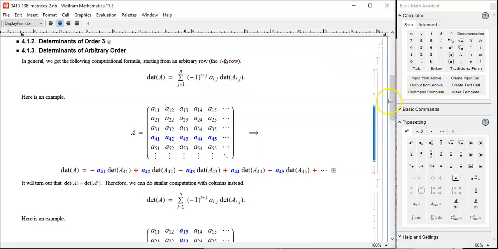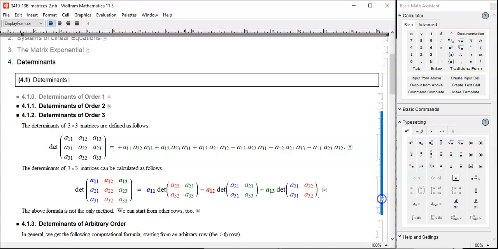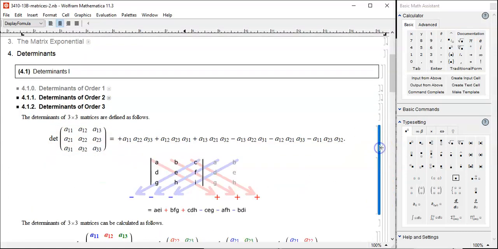Go to lesson 13b. Yes, this formula, which is coming from this crisscross. Positive direction, negative direction, we could do it this way.